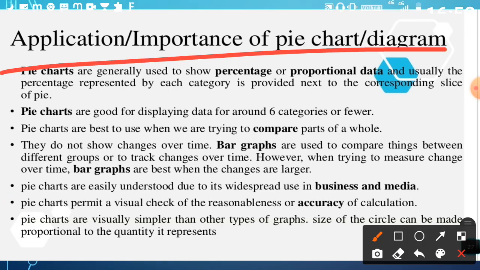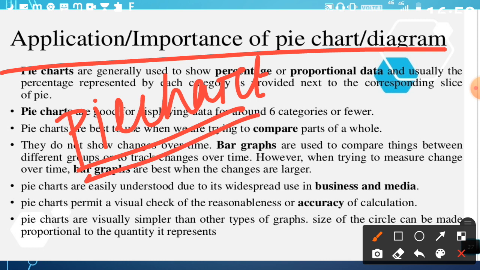So that's the same again with the pie chart or pie diagram. What is the application or importance of a pie chart? As I have already told you, it's very easy to present the information by using a pie chart, or your circle graph, or your pie diagram. One of the demerits of the pie chart is that we can't easily compare all the items. Got it? We can't easily compare.